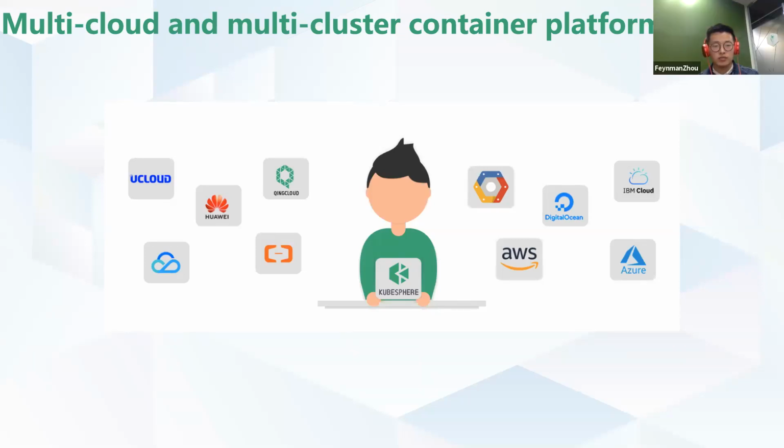Yes, as I mentioned before, you can install KubeSphere on AWS EC2, on your virtual machines, or anywhere you want. KubeSphere itself is open source and free to install. So I think you can leverage KubeSphere to deploy and distribute your applications to any cloud providers.